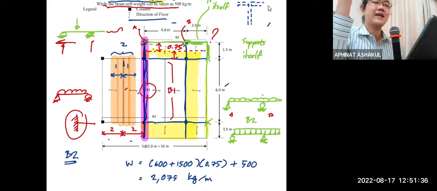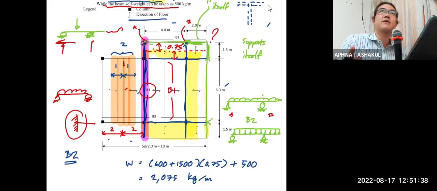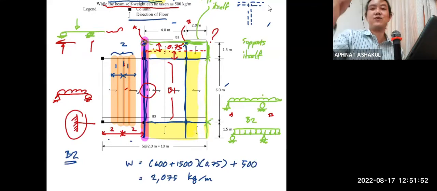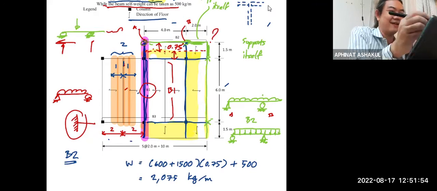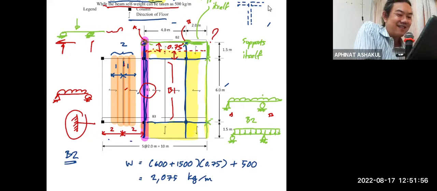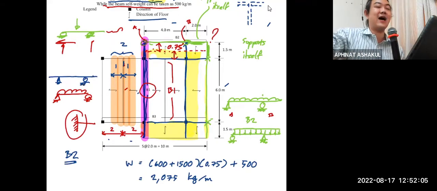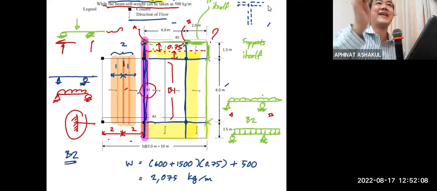If it's a column like this, you cannot look at it and say it's a fixed support. So that generally means your B1 here. For this B1, you have to make sure that the beam extends out to take care of B2.